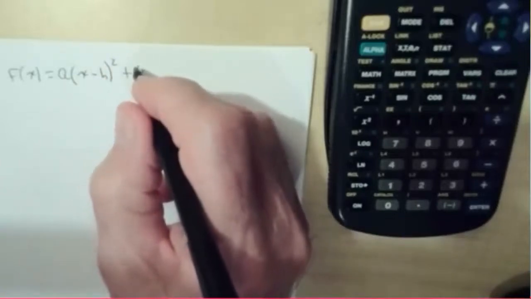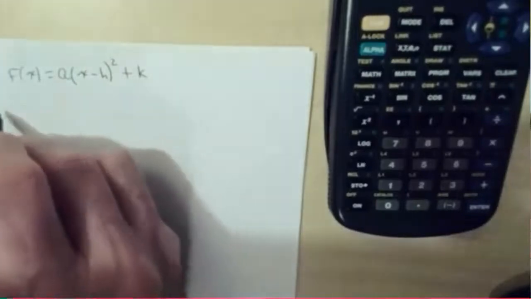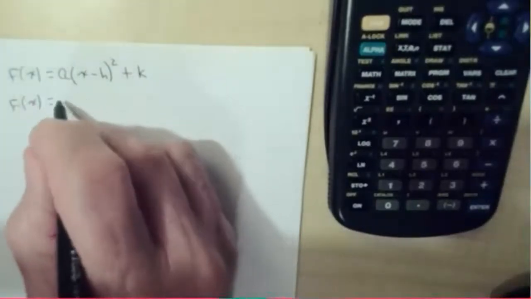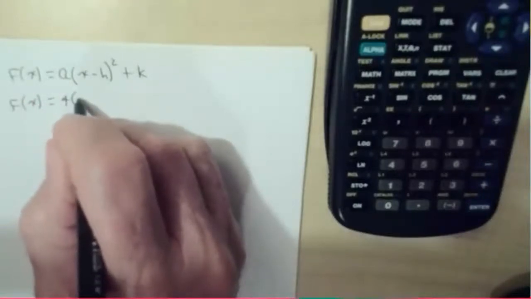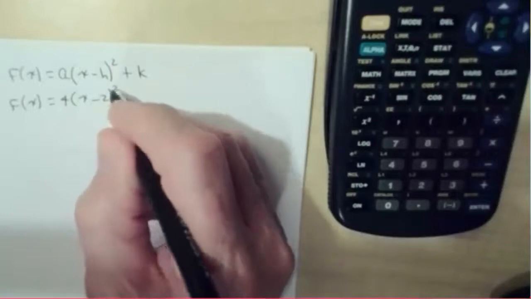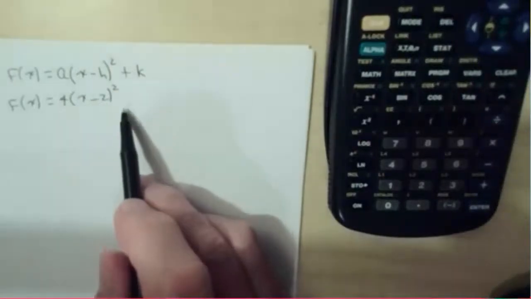So if you have f of x equals 4, open, x minus 2, closed, squared. Okay, so what's the value of k here?